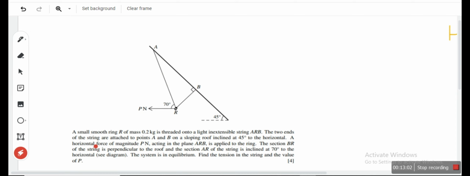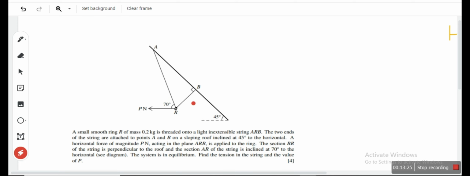The two ends of the string are attached to points A and B on a sloping roof inclined at 45 degrees to the horizontal, and then all of these are mentioned. The string is inclined at 70 degrees, which is this angle shown here, and the system is also in equilibrium. Find the tension in the string.